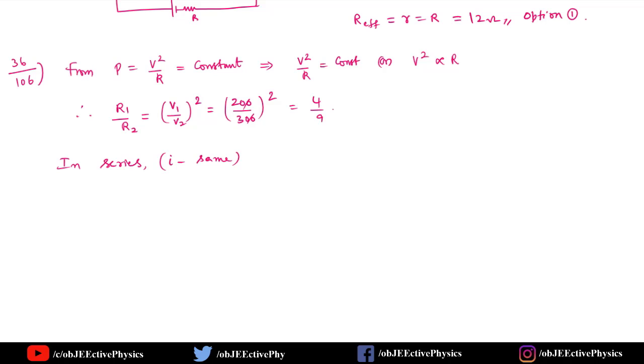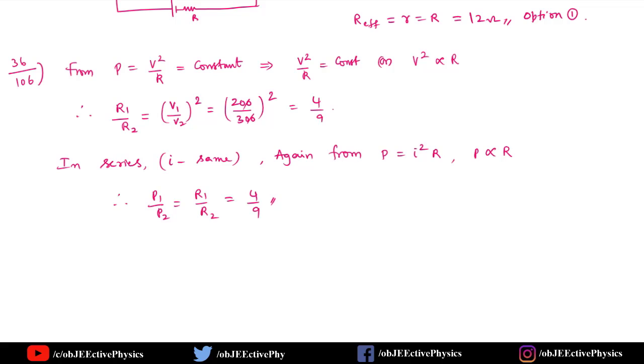So therefore, again from P equals I square into R. The current is the same, which means P is directly proportional to R. Therefore, P1 divided by P2 is equal to R1 divided by R2, that is 4:9.